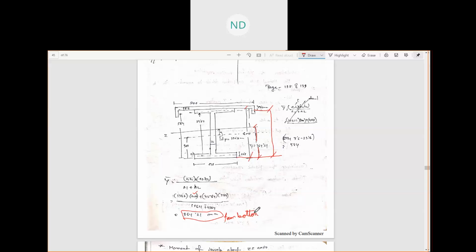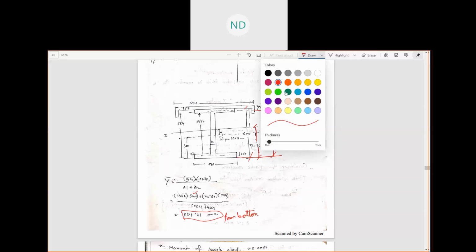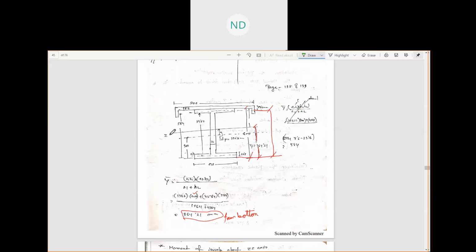Once we know the CG of the entire built-up member, we have to find out the moment of inertia. So the moment of inertia along this z-axis, and the moment of inertia along this y-axis.